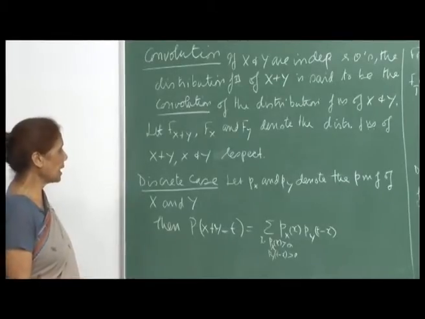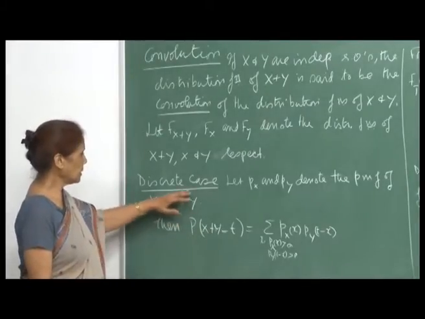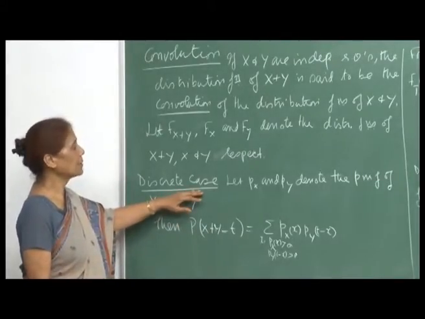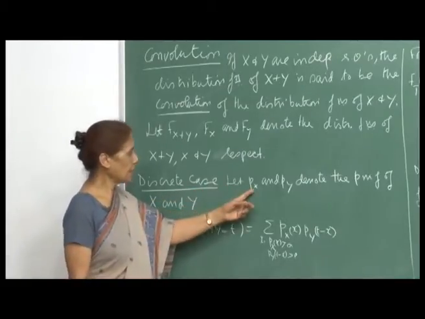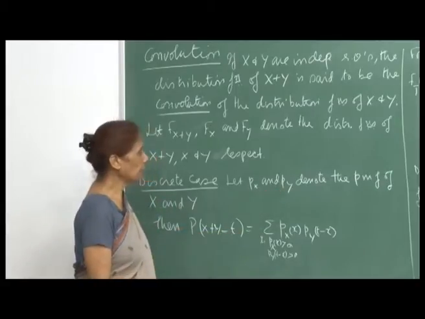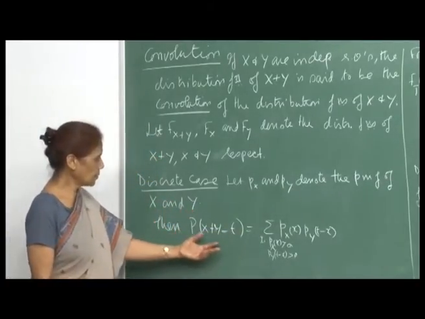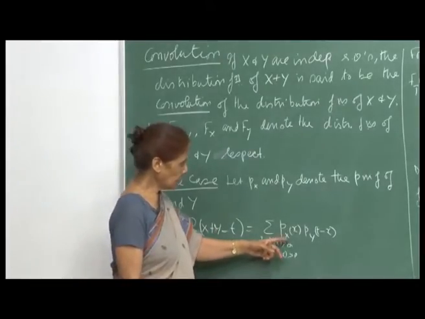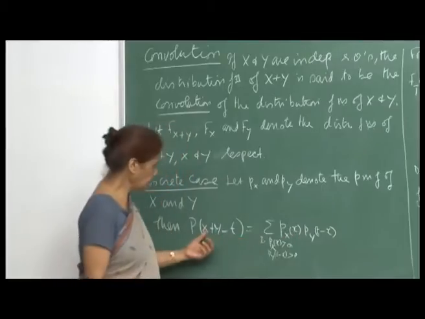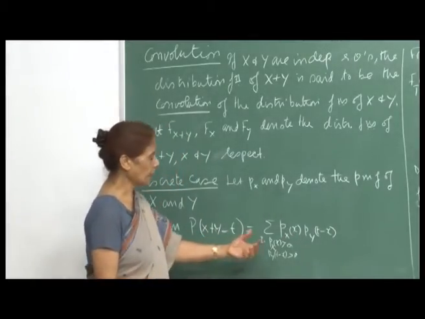Now, for the discrete case, the definition would be as follows. When X and Y both are discrete random variables and they are independent, p_X and p_Y denote the PMF of X and Y respectively. Then P(X+Y = t) we will write as the summation of p_X(x) p_Y(t - x). So, you fix the value of capital X, then Y will take the value t minus x.